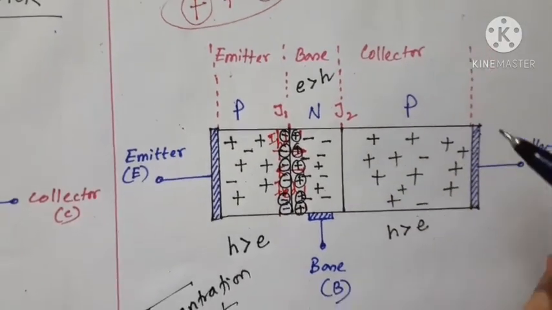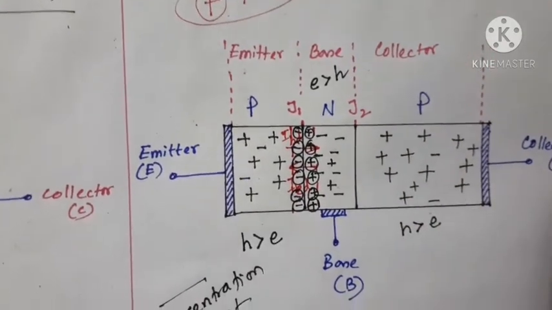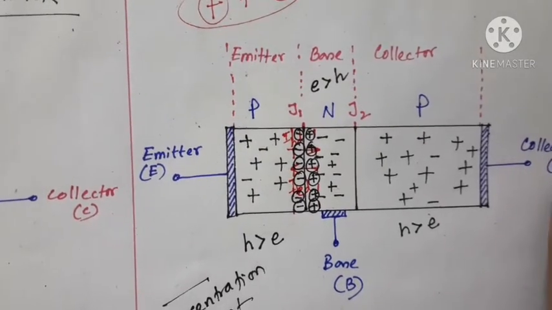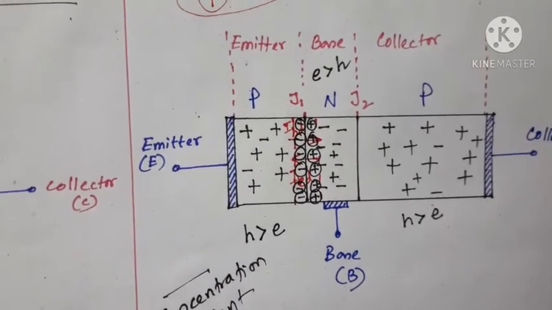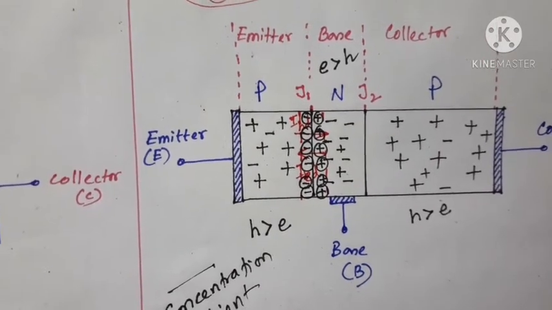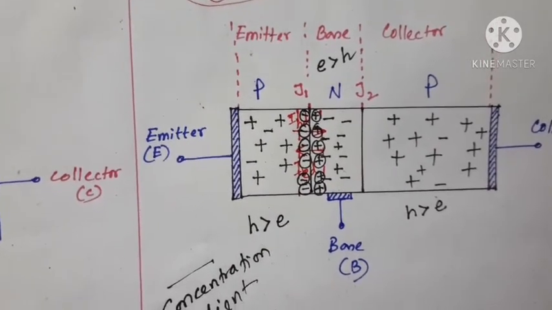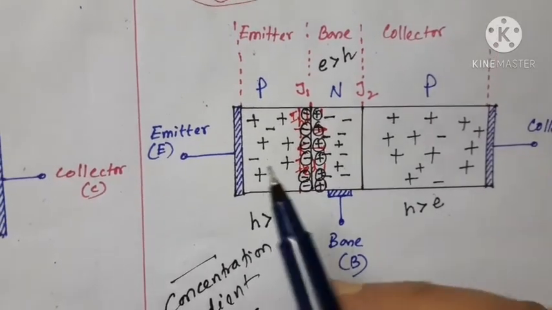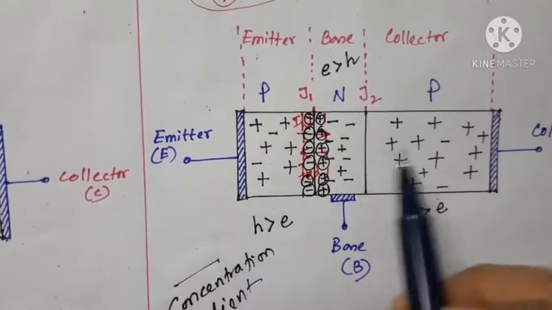There will be an electric field between the positive and negative charges, and this electric field works as a force and makes more charges move across the junction.